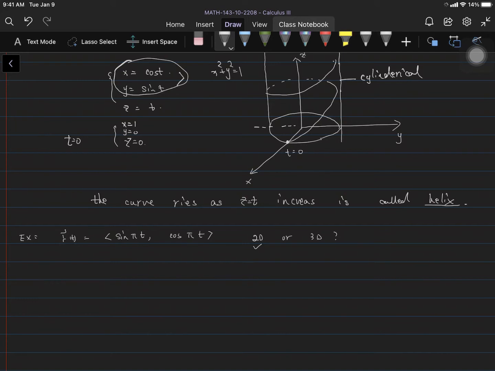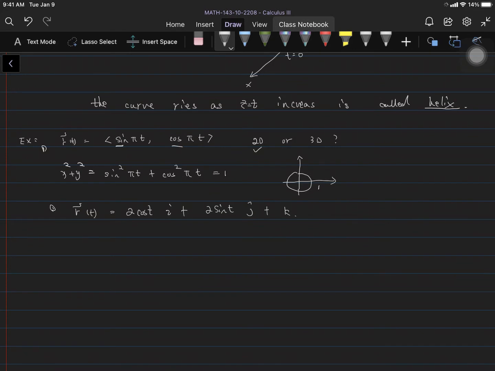We don't have z here, just x and y. Whenever we have sine and cosine, they have a property: sine squared pi t plus cosine squared pi t equals the identity, which is 1. So x squared plus y squared equals 1, which means it is a circle in the plane. The graph is here, and the radius is 1.